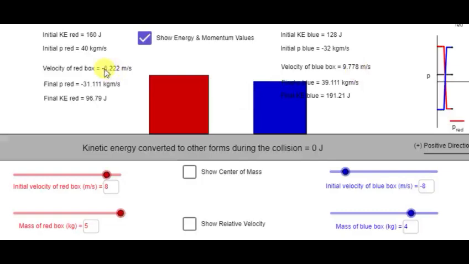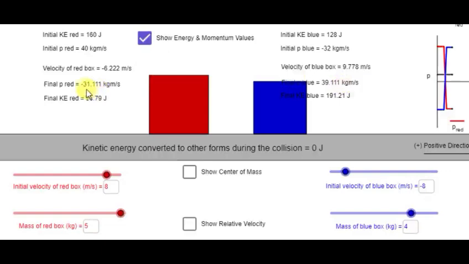And we see if we multiply negative 6.22 with the 5 kilogram mass, the momentum becomes negative 31.11. Whereas for the blue, if we multiply positive 9.77 with a 4, we see our momentum becoming 39.111.